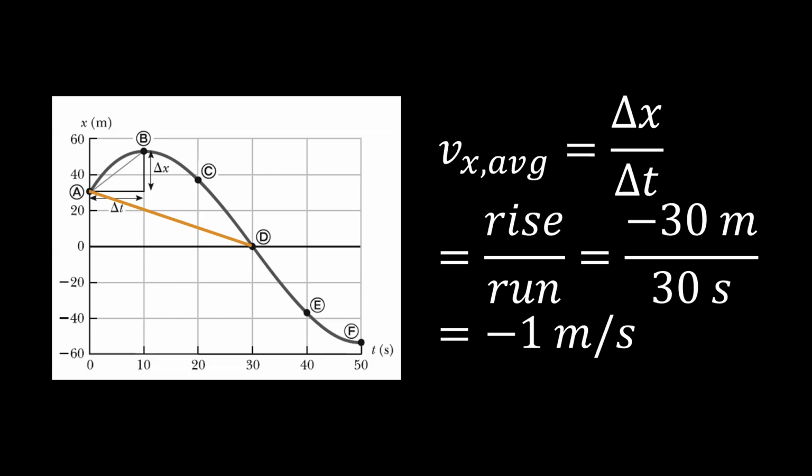Our time interval is from 0 seconds to 30 seconds, or 30 minus 0, which means that our time interval is 30 seconds. And so the slope of this line, or the average velocity of the particle from point A to point B, is negative 1 meter per second.